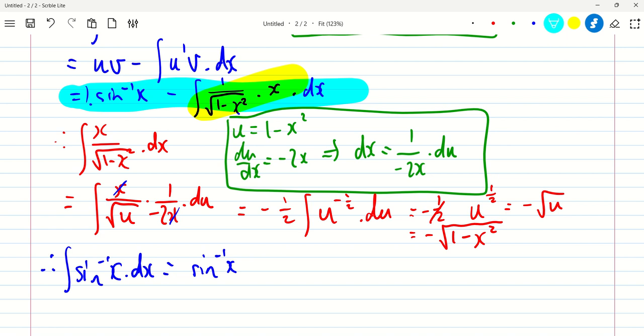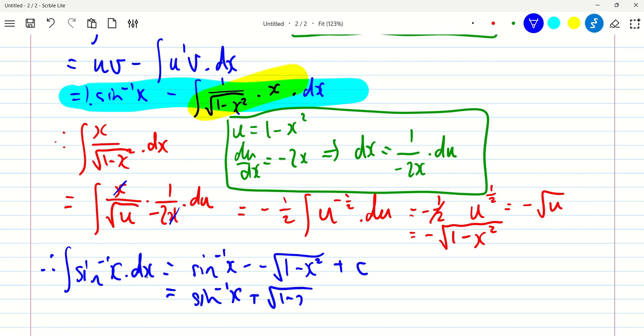So arc sine x, take away the integral of 1 over root 1 minus x squared, which we just wrote as negative root 1 minus x squared plus c, because we just integrated. And so that's a double negative. So arc sine x plus root 1 minus x squared plus c. So that's my integral for arc sine x.